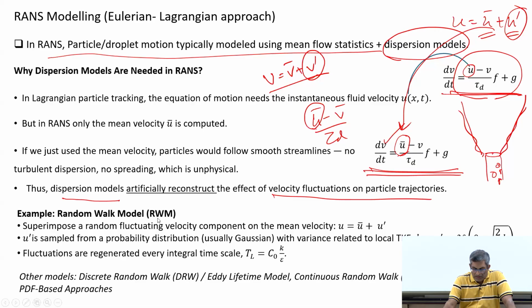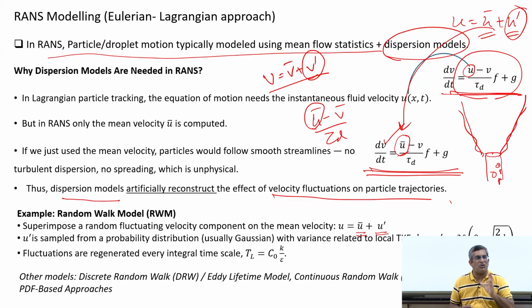So, random walk model means we have this, we superpose, you calculate u dash some way and superpose at that instant of time. How it is done is, from your RANS modeling, you know the turbulent kinetic energy, and by assuming isotropic turbulence, so you see you are introducing more and more assumptions.